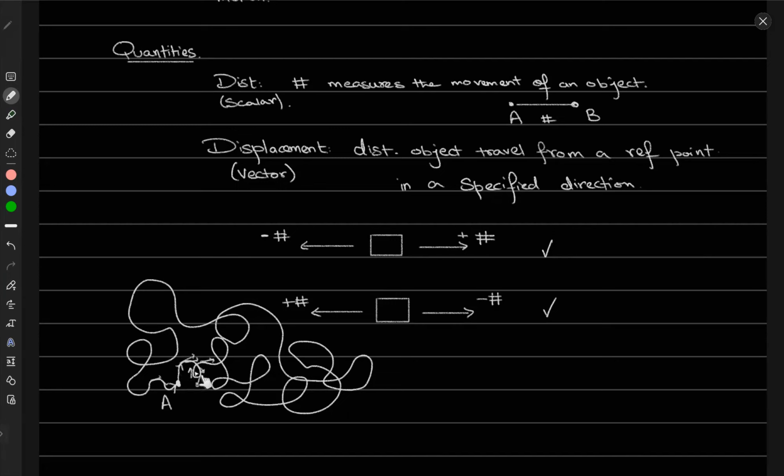Because this path looks very complicated, maybe it's not clear, but consider that you're starting from this point A, and you move in a circle. So what you're doing is you're really coming back to this point, right? I can draw vectors at every point on this circle. So these are tangents to the circle.